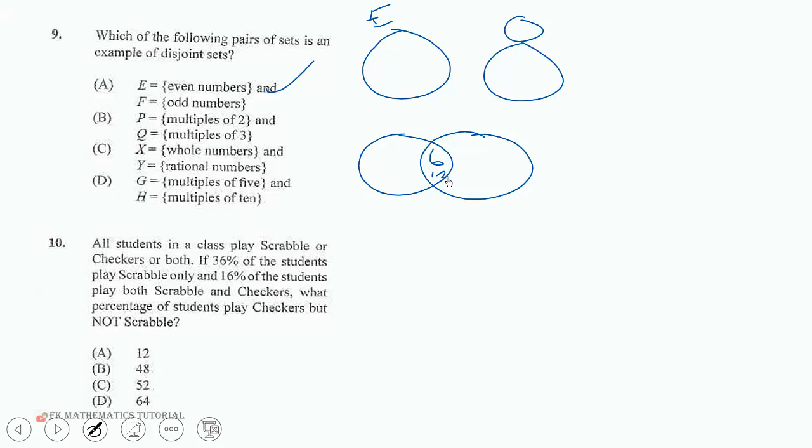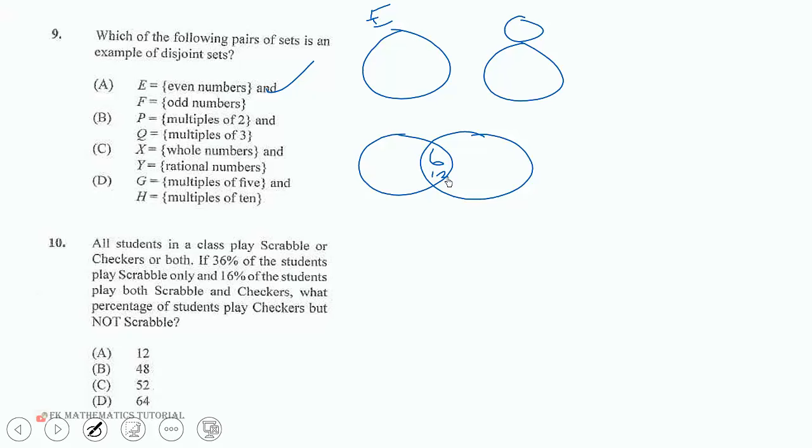Then whole numbers and rational numbers: all whole numbers are rational numbers, so an intersection is there. The multiples of 5 and multiples of 10: we have some elements in H that are also in G. So the correct answer is option A.